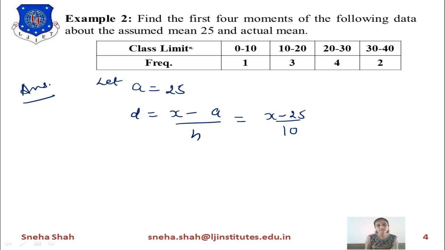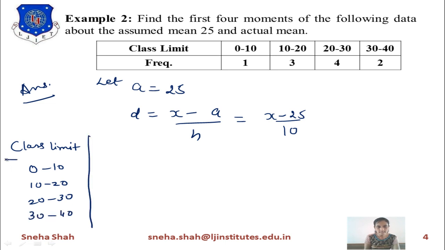Now from this we will draw the table. Class limits are 0 to 10, 10 to 20, 20 to 30 and 30 to 40.